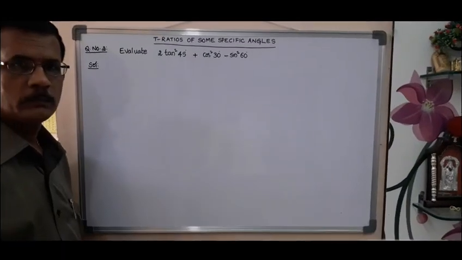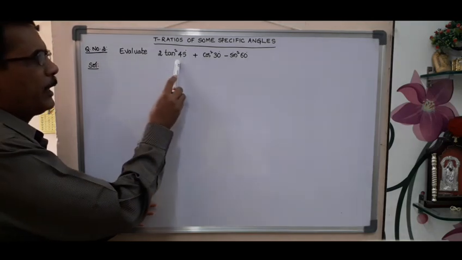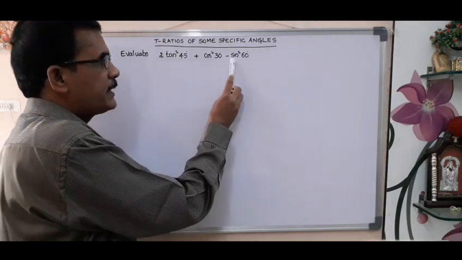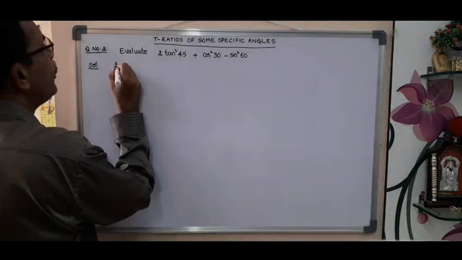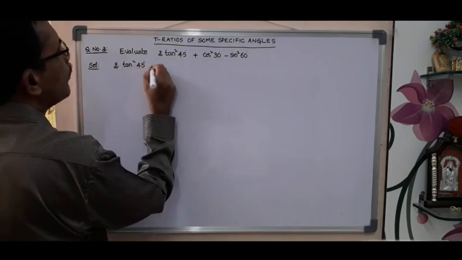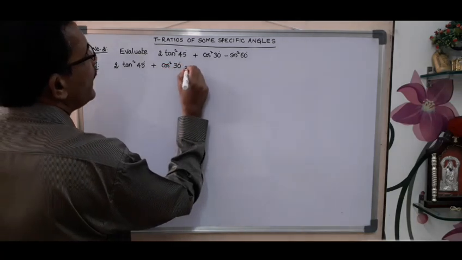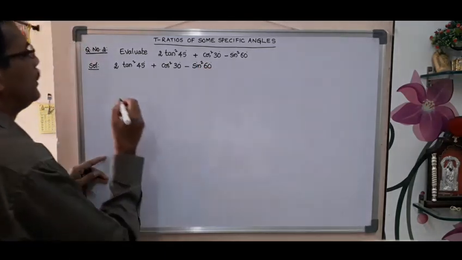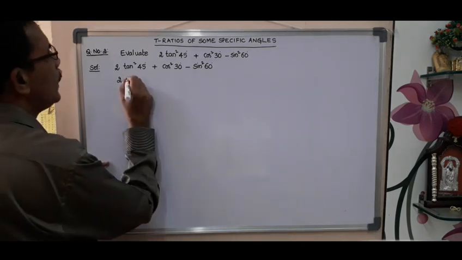Now question number 2. Evaluate 2 tan square 45 degrees plus cos square 30 degrees minus sin square 60 degrees. From the table, tan 45 value is 1.